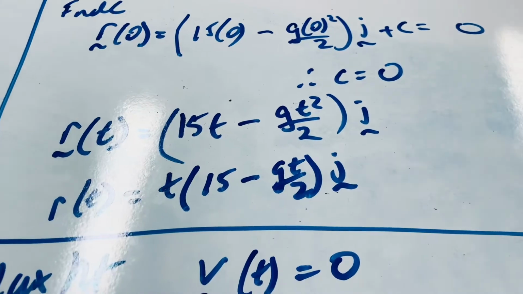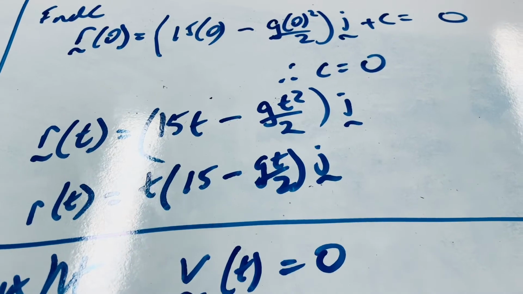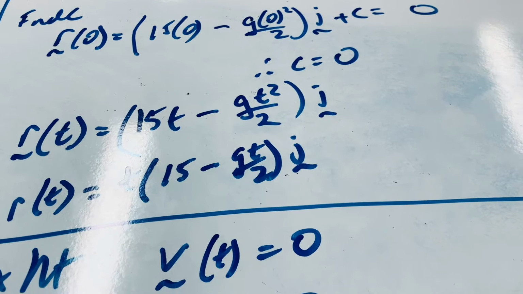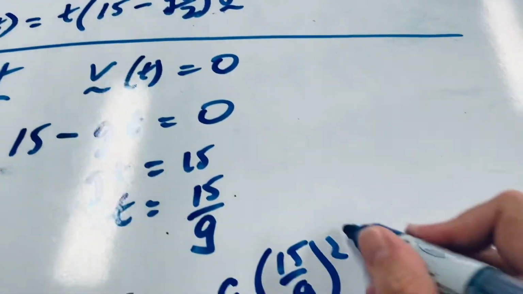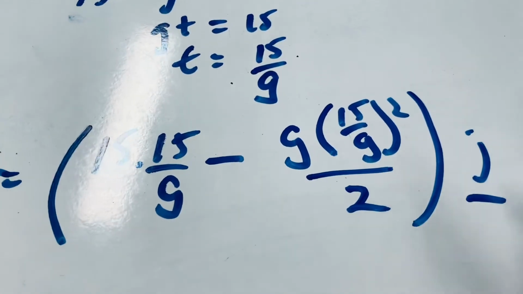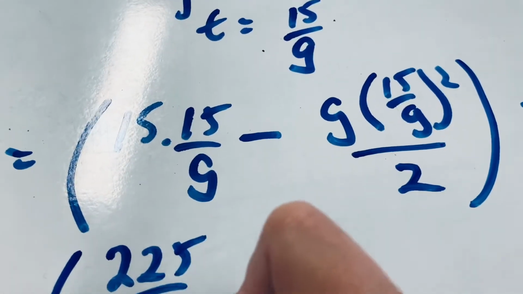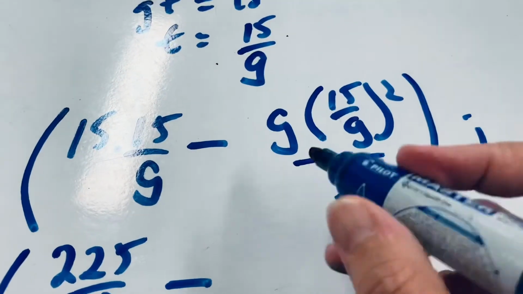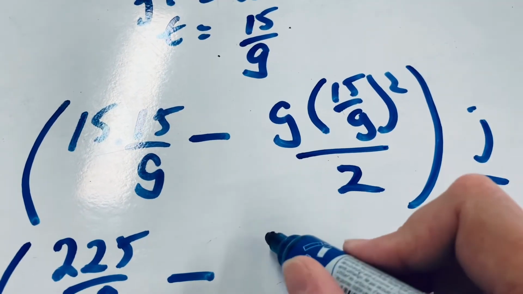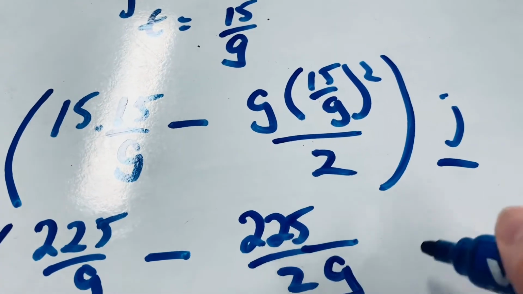So we'll have 15 by 15 on g minus g times (15 on g) squared over 2, j. Of course, a calculator is going to give you a nice simple answer. 225 on g minus 225 on 2g as well.